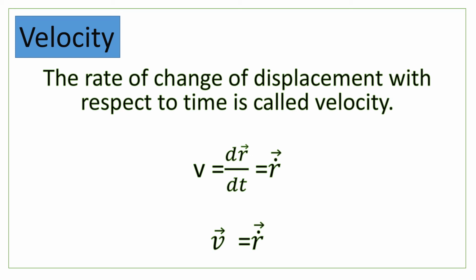For velocity, it has a single dot on the position vector, that is dr over dt. So velocity is also a vector quantity arising from another vector quantity, which is displacement, divided by an equal interval of time.